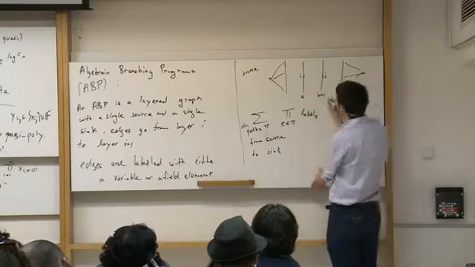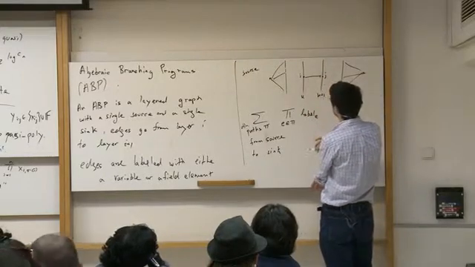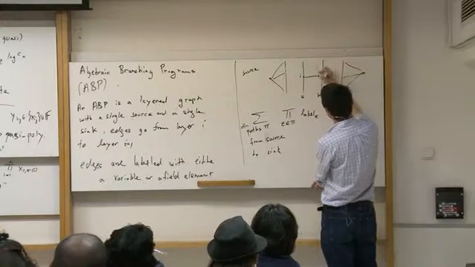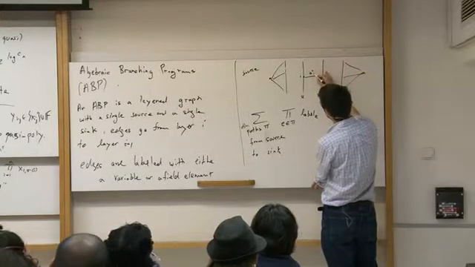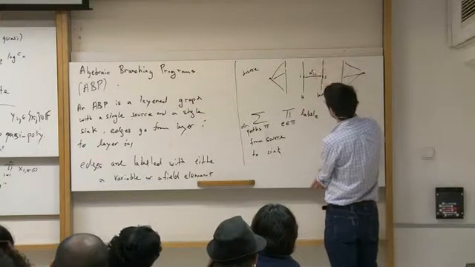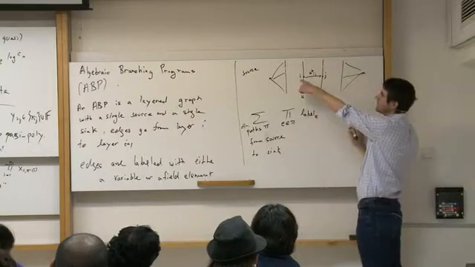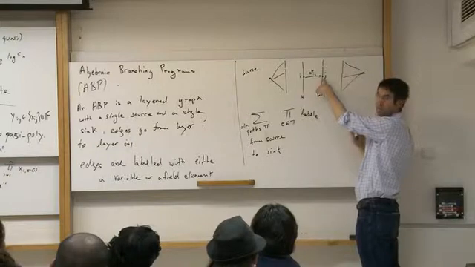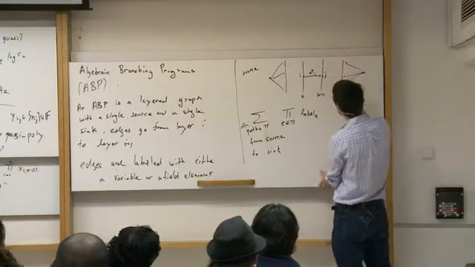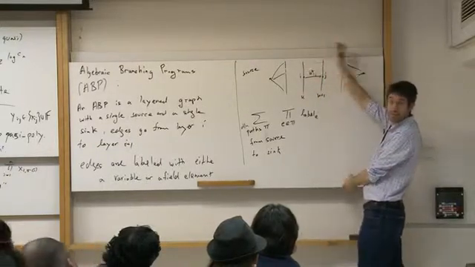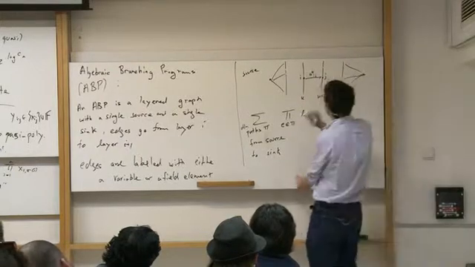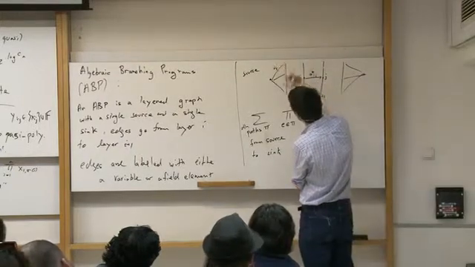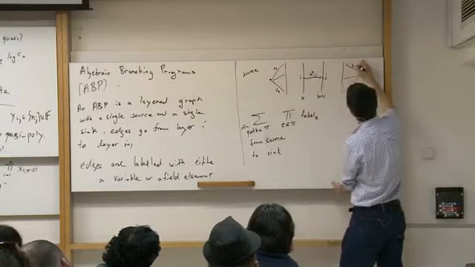Let's call the label AKIJ. It tells you the label that goes from vertex I here to vertex J here. Let's say that each layer has at most n vertices. Let's call them V1 up to Vn, and U1 up to Un.